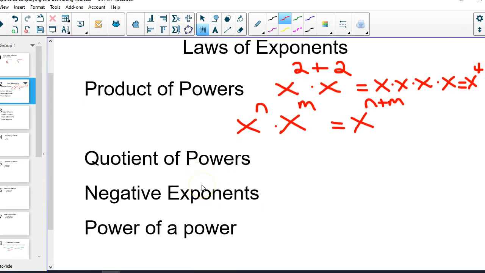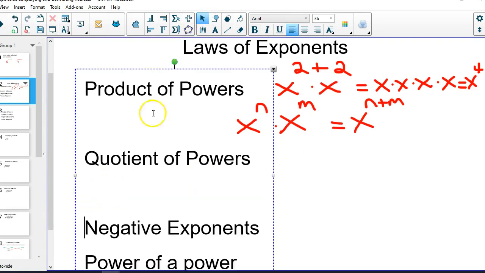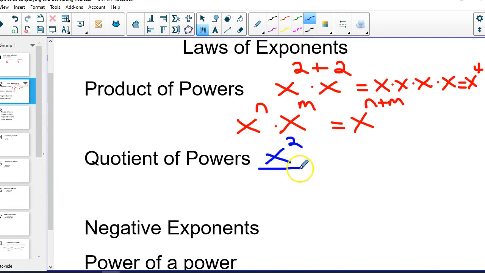Our quotient of powers is similar. Our quotient means to divide. So for our quotient, say we have x squared divided by x. This is the same thing as x times x divided by x.